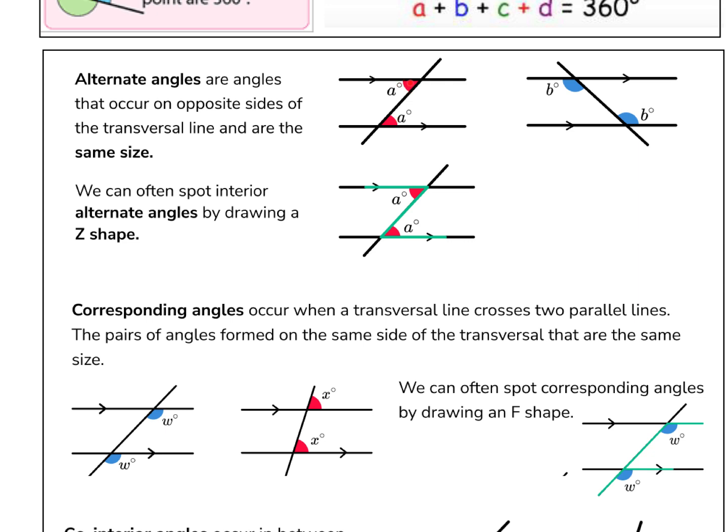The ones that are on opposite sides are equal. So A and A. If here's your parallel lines, the four angles are inside. The ones on opposite sides are equal. We can often spot interior alternate angles by drawing a Z shape. So here's your Z shape, and then there's your angles.